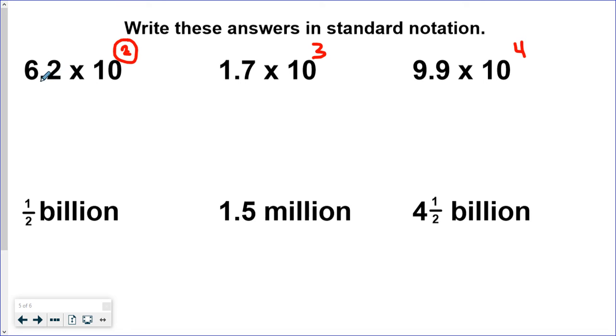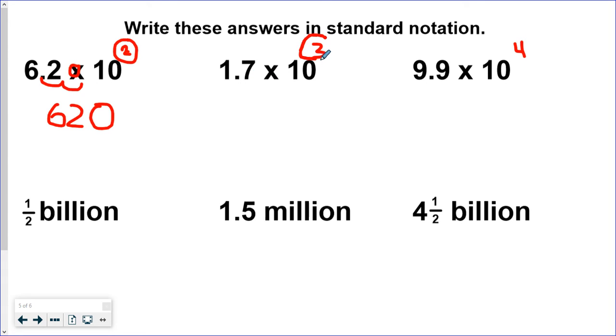All right, the exponent is 2. That means I'm going to move this 2 places, and visually I'm going to do that: 1, 2. Notice there's an empty gap here, so I'm going to put a little 0 there. And so when I do that, I should see that my answer is 620. That'd be in standard notation. Do the same thing over here. I have 1 7/10 times 10 to the third power.